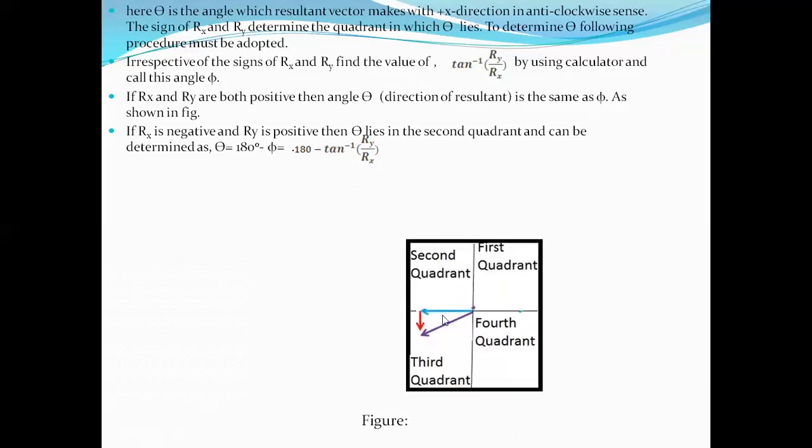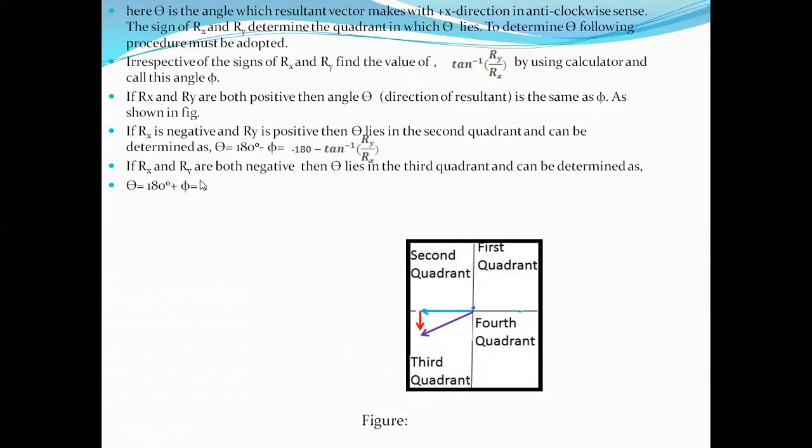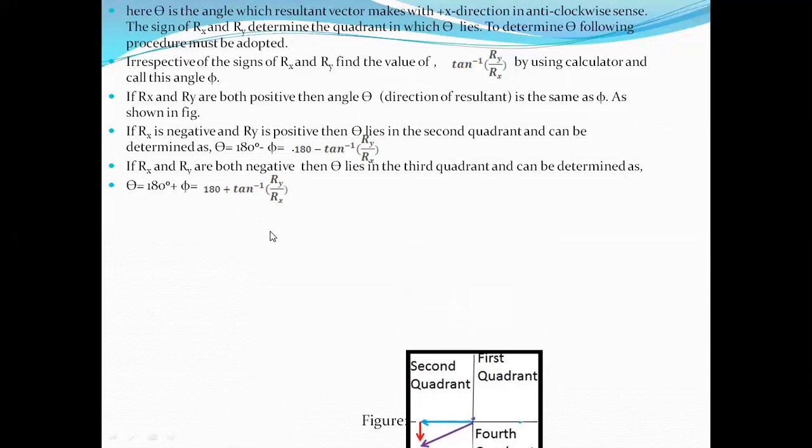Similarly, in the third quadrant, as you can see, both the vectors, the x components and the y components, are in negative direction. So we can write down, if Rx and Ry both are negative, then theta lies in the third quadrant and can be determined as theta is equal to 180 plus phi, or 180 plus tan inverse Ry over Rx.